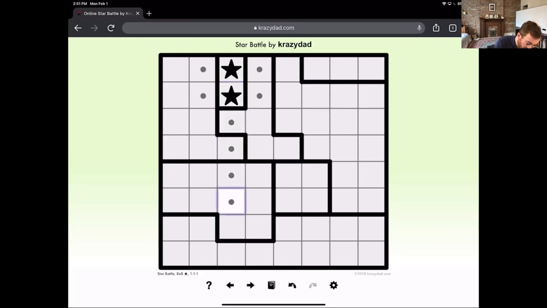That means there cannot be a star all the way here. And similarly, since there has to be a star somewhere here, that means there's not a star here. So in particular, that possibility is excluded. And so this means that the star that I just put down there has to be there.